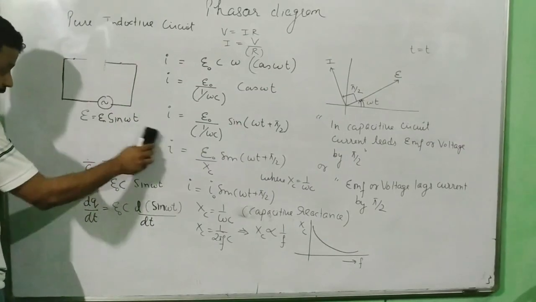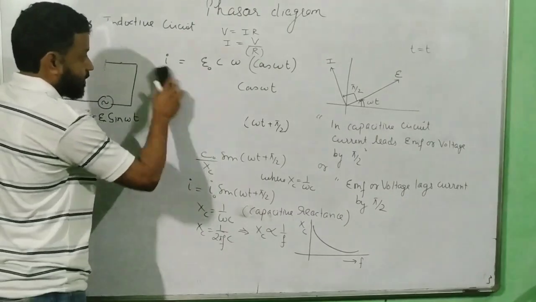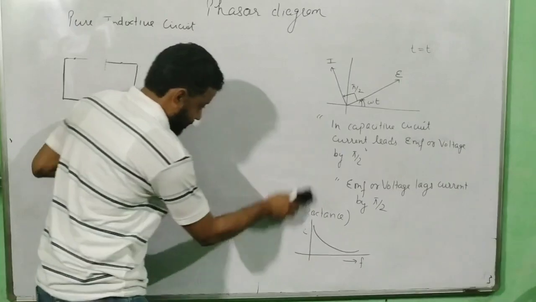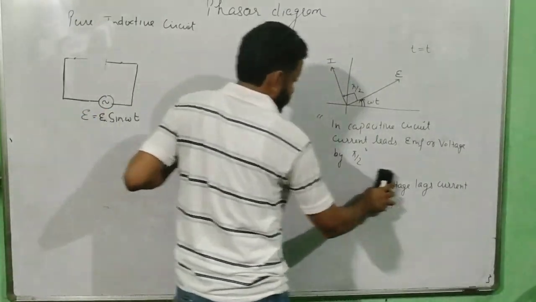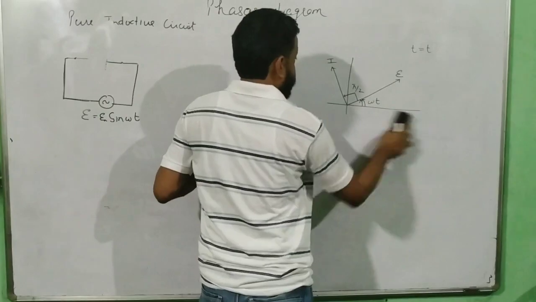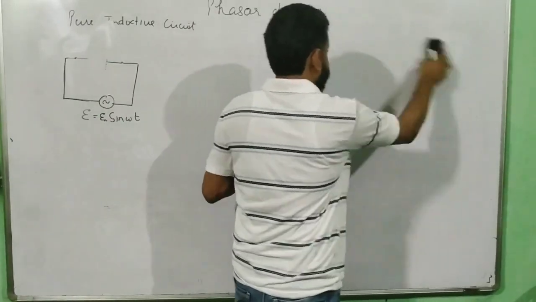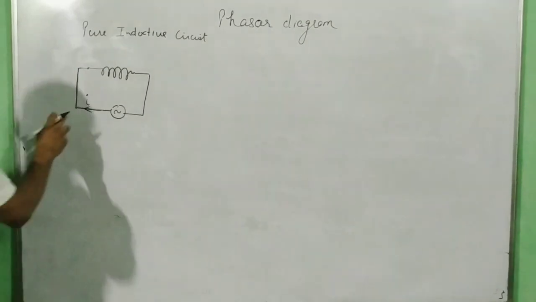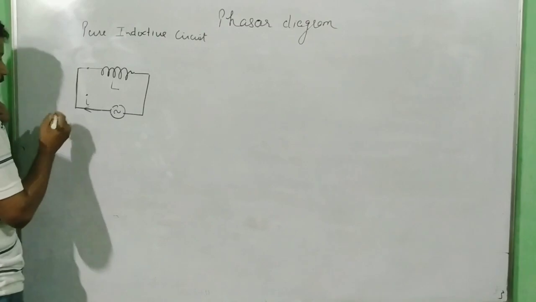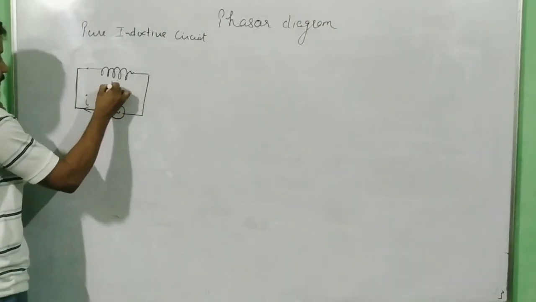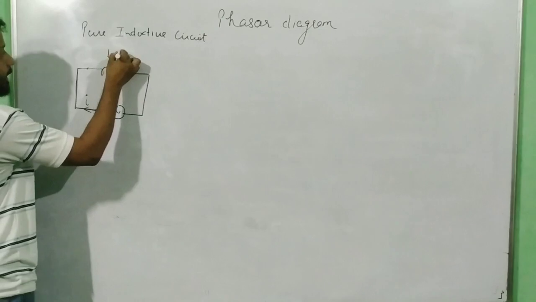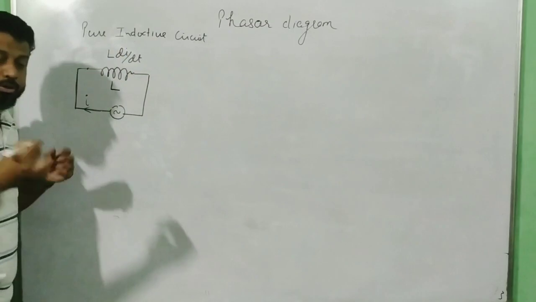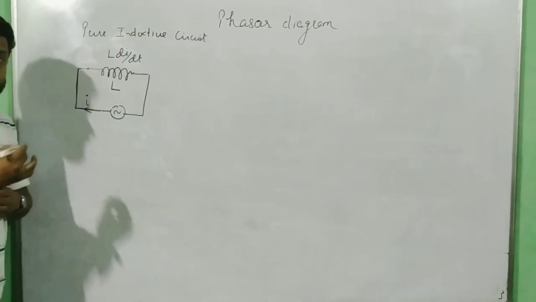In a pure inductive circuit, let us consider that a current I flows, and this is your L, and the EMF induced across an inductor is given by L di by dt. You can refer to that again if you have forgotten it in the chapter called self-inductance.